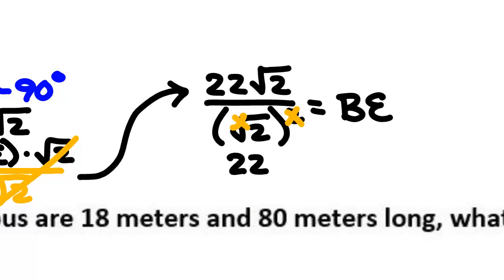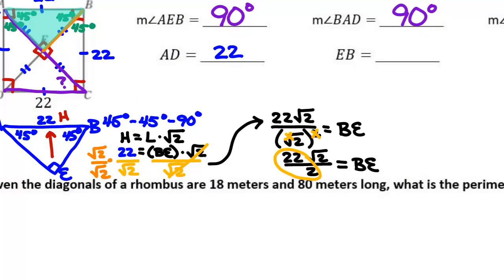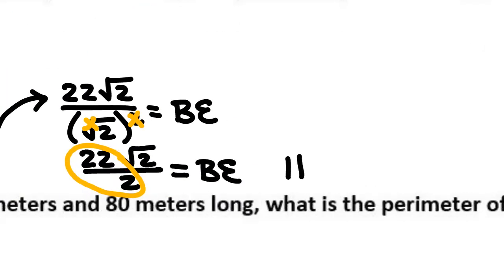So I have 22 square root of 2 over 2 equals BE. And then the last thing I have to see is whether or not this can simplify. Can 2 go into 22? How many times? 11. So 11 square root of 2 is equal to BE.